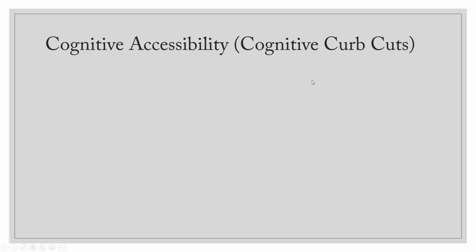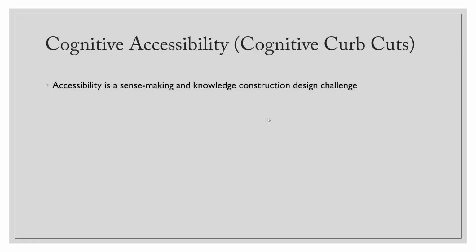So in my piece on cognitive curb cuts, I was really focusing on cognitive accessibility. What does that mean? Well, if I reframe accessibility through a cognitivist lens, then what that suggests is that accessibility is a sense-making and knowledge construction design challenge.